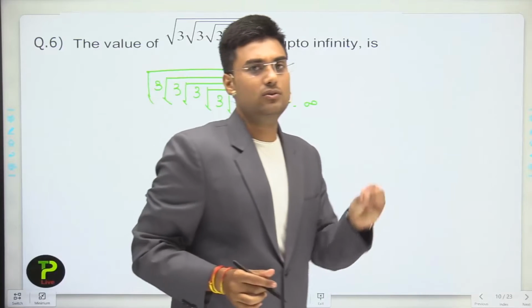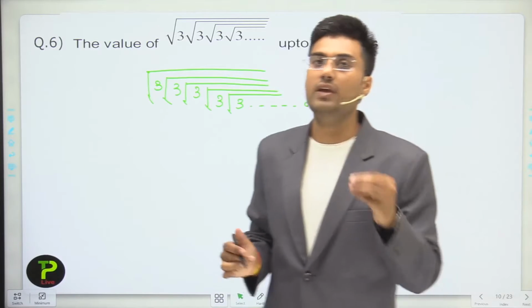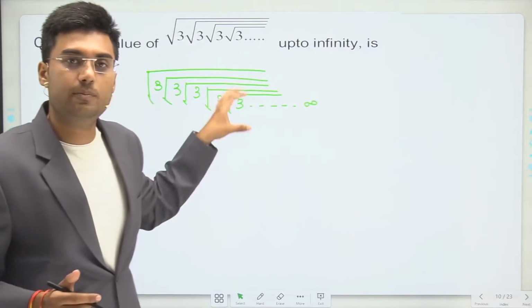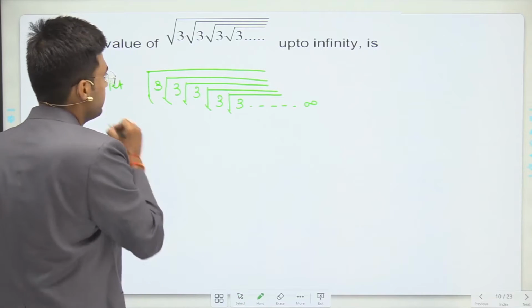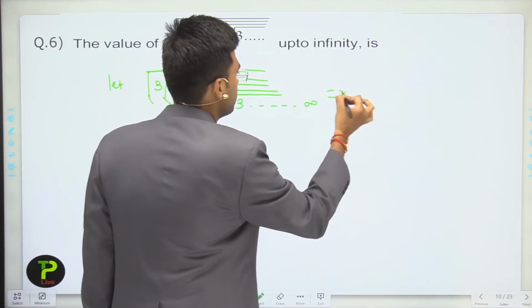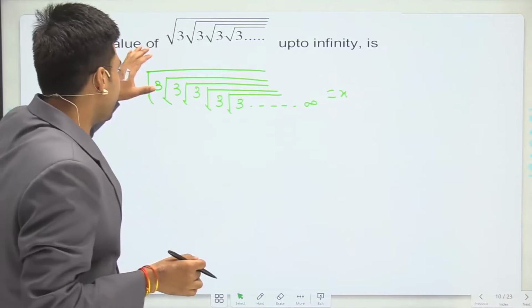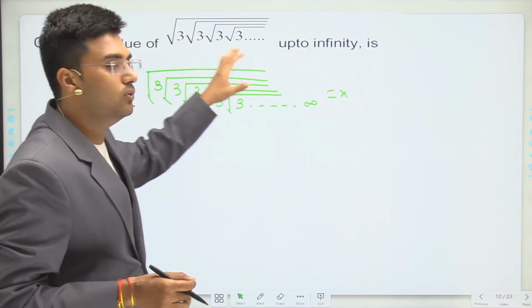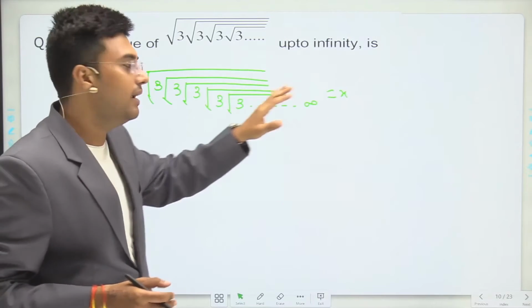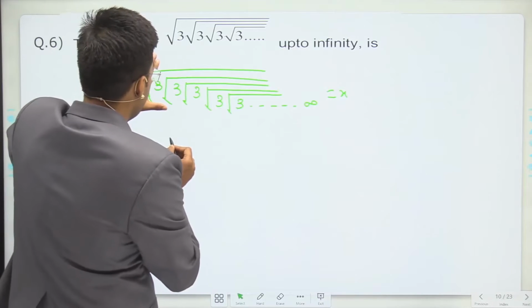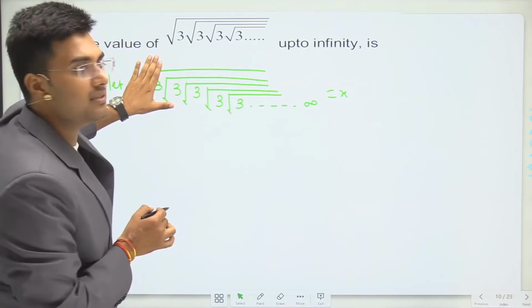So dear student, to solve this type of question, we have to assume this expression as x. So let this expression be equal to x. And dear students, in this expression root 3 under the root is multiplied infinite times, and if I remove one time, then again we will get the same expression.